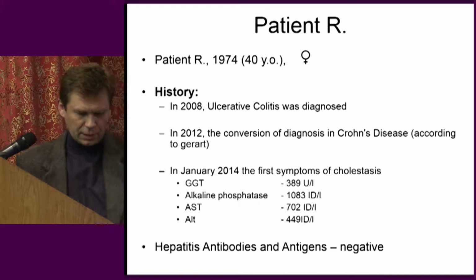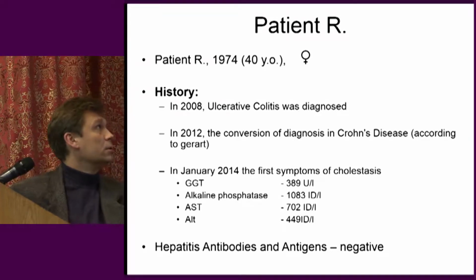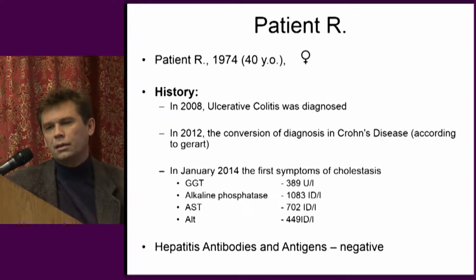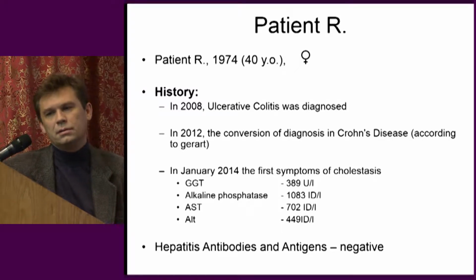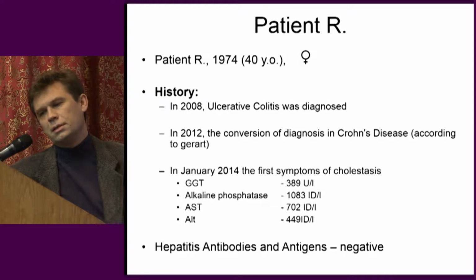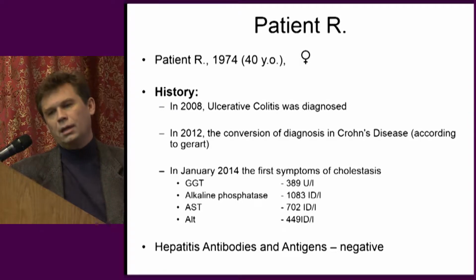The next presentation will be very interesting to all the specialists because we are talking about a patient of 40 with a long follow-up by GI specialists, starting from 2008 with ulcerative colitis.